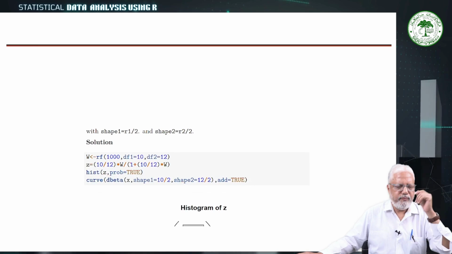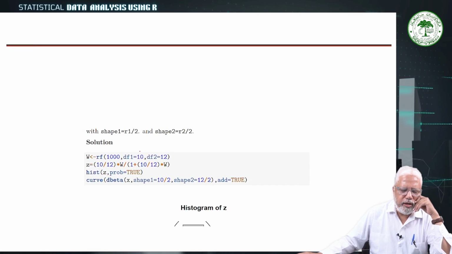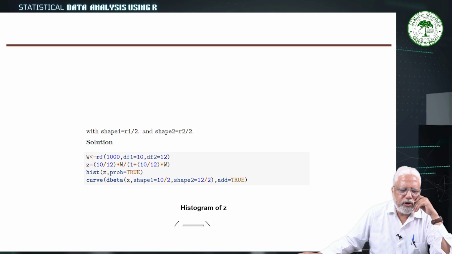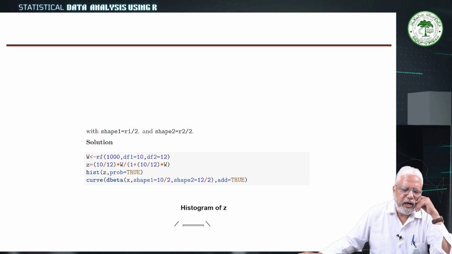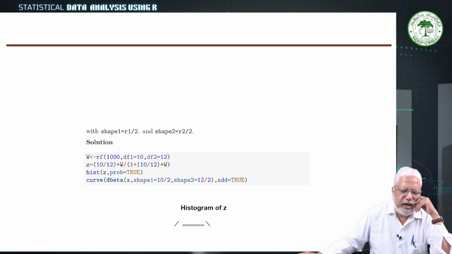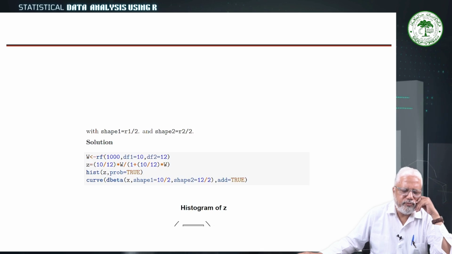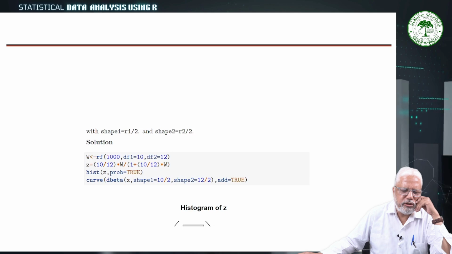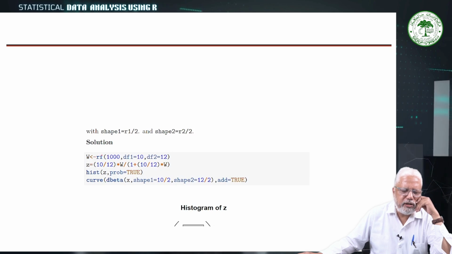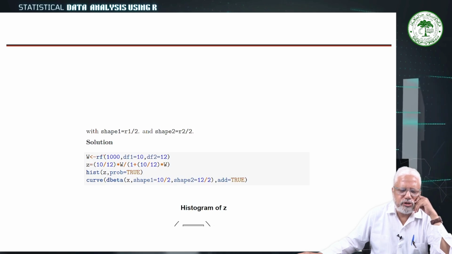W is equal to rf. rf stands for random simulation from F distribution. rnorm, random simulation from normal distribution. rpois, random simulation from Poisson distribution. rchisq, random simulation from chi-square distribution. Similarly, rt, random simulation from the t distribution. So here rf means random simulation from F distribution.